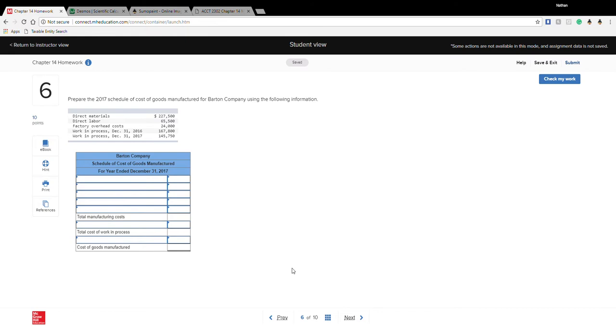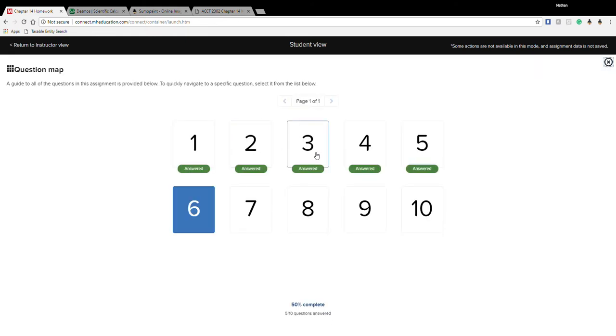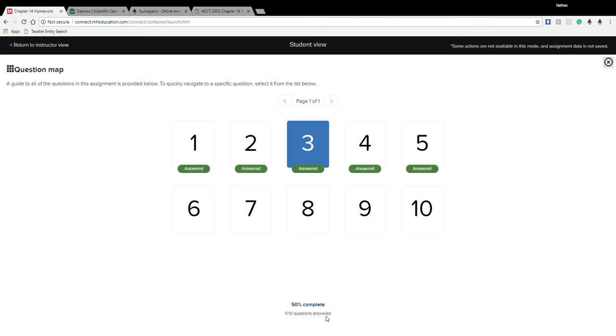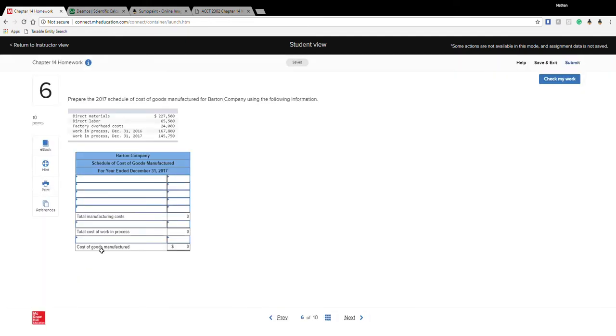This looks kind of familiar to, I think, what was it, 3? Yeah, kind of familiar here. But notice this. It's finding cost of goods manufactured, not ending work in progress. So it's going to switch the two.